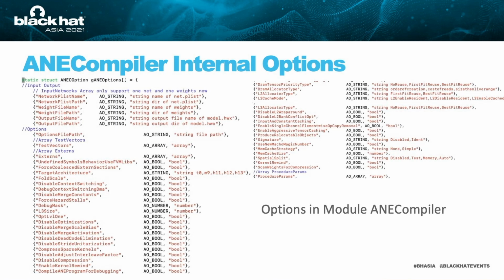The ANE compiler has many internal compilation options. I have extracted the options from the module and put them in the compilation tool I wrote, and you can refer to them if necessary. It should be noted that, in addition to the input and output path parameters, at least the target architecture parameters are required to compile normally.